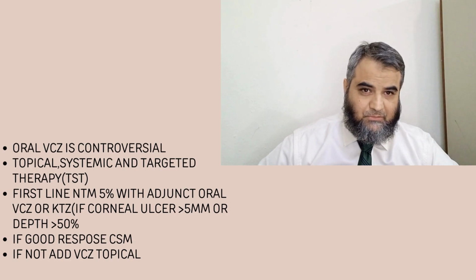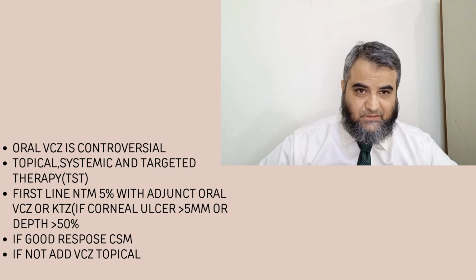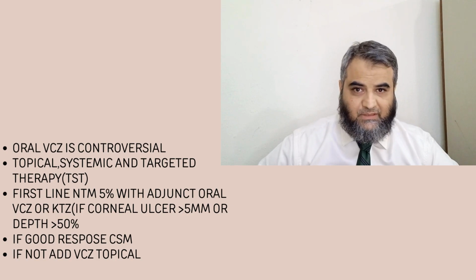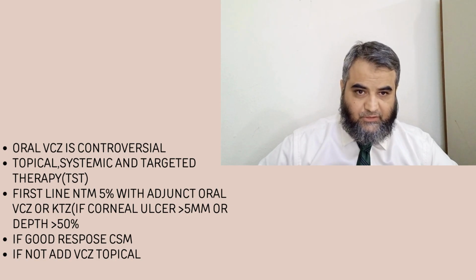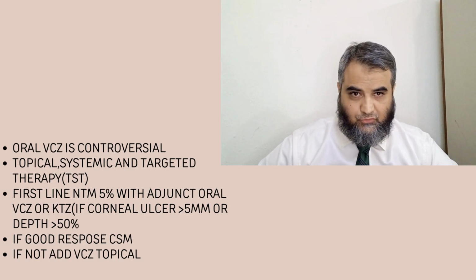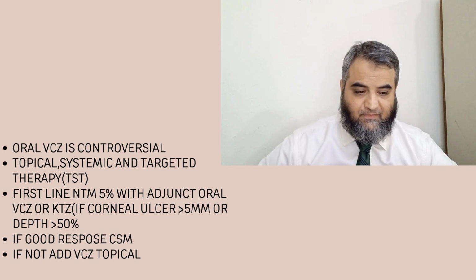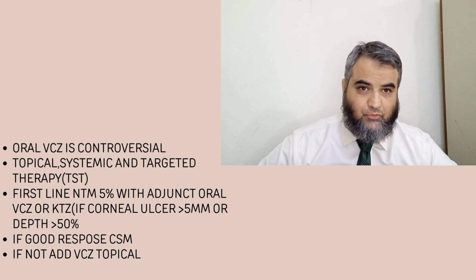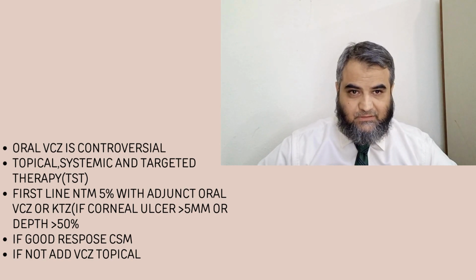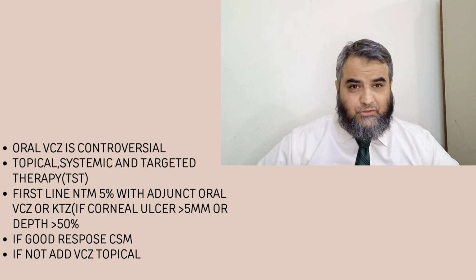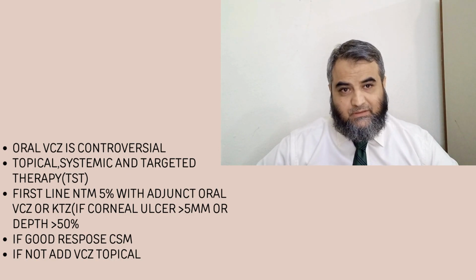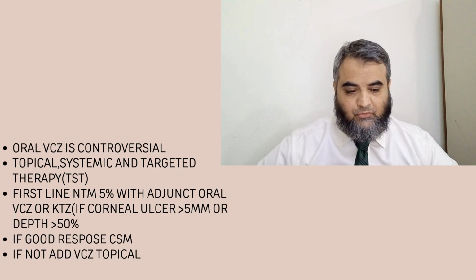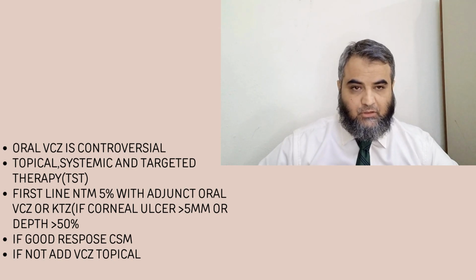First line therapy, they believe, is 5% natamycin eye drops with adjunct oral voriconazole or ketoconazole medicines if the corneal ulcer is more than 5 millimeters and depth is more than 50%. If a good response comes, continue the same treatment. If the response is not good, they believe in adding topical voriconazole.